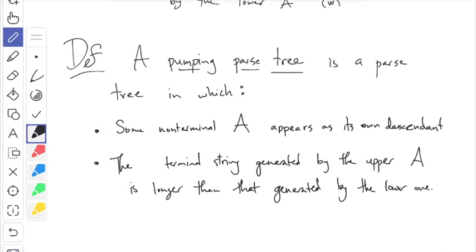All right. If those two properties are satisfied, it's called a pumping parse tree.